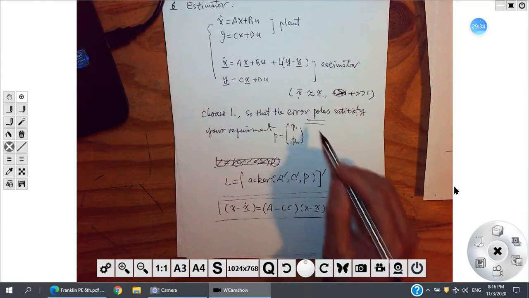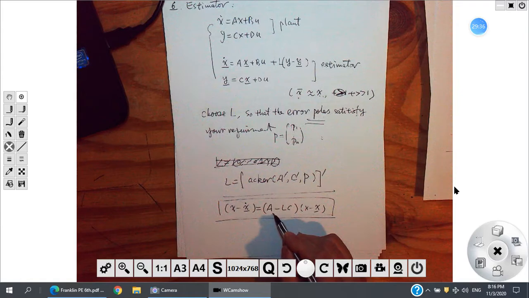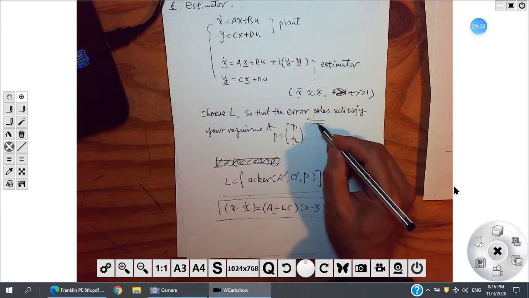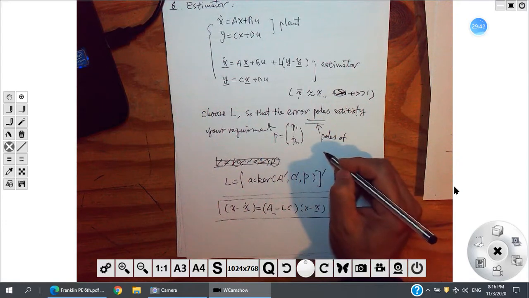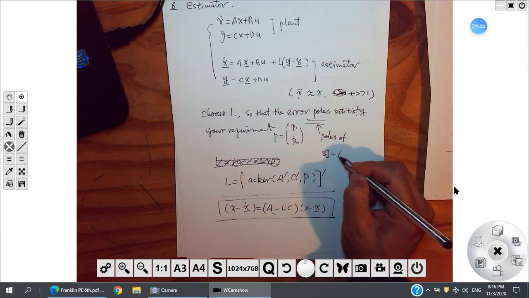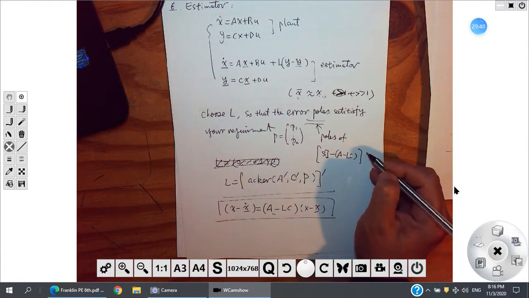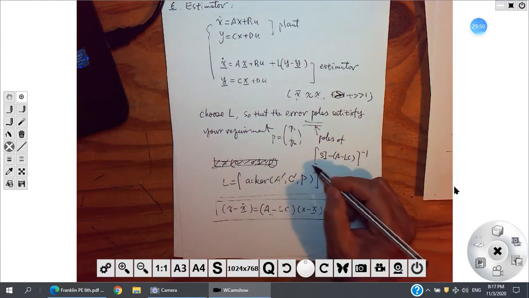So you set the error poles, the error poles are poles of (sI minus A minus LC) inverse. Poles of these.